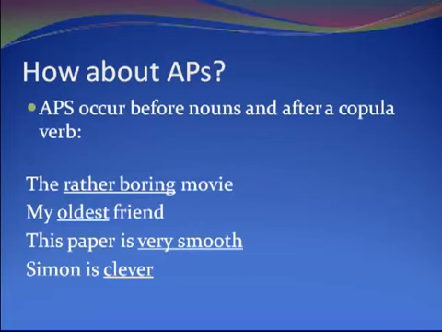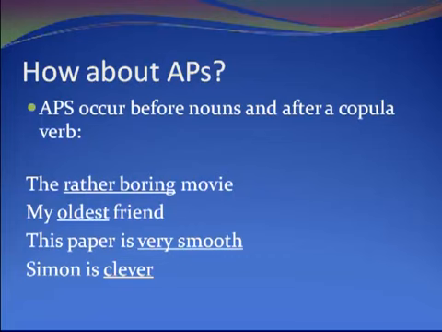So you can say the rather boring movie; rather boring here is an adjective phrase inside a noun phrase. And the same with my oldest friend. Oldest here is an adjective phrase inside the noun phrase. After a copular verb you get this paper is very smooth, or Simon is clever.